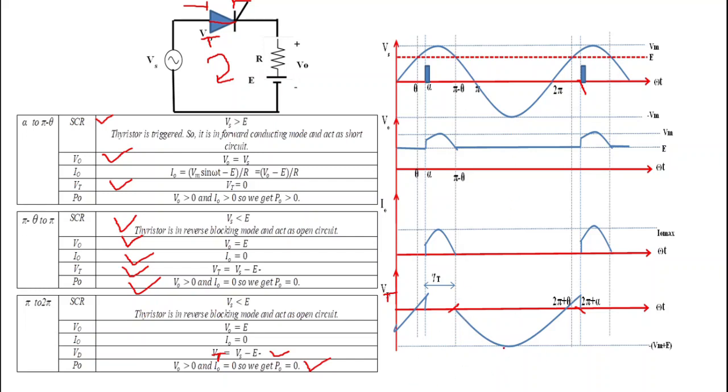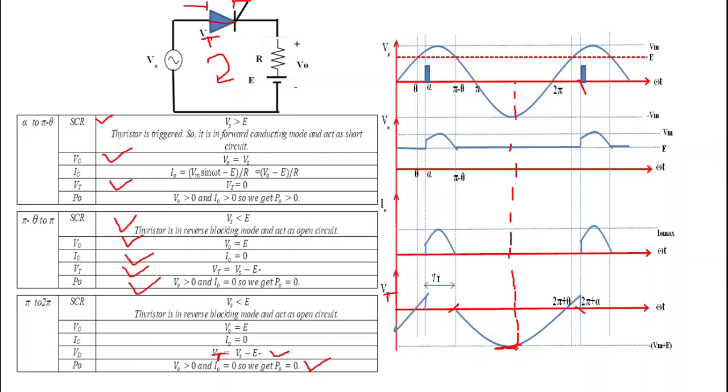Now if I ask you what is the maximum value of this waveform, so this maximum value of the waveform will occur at angle 3 pi by 2. So suppose this is 3 pi by 2. Okay, so the maximum reverse voltage across the thyristor occurs at 3 pi by 2. And what is the value of this reverse voltage?